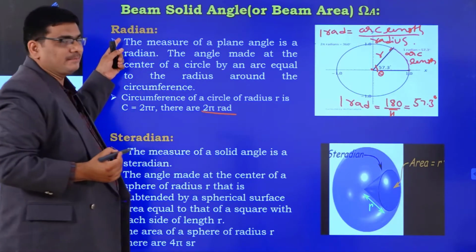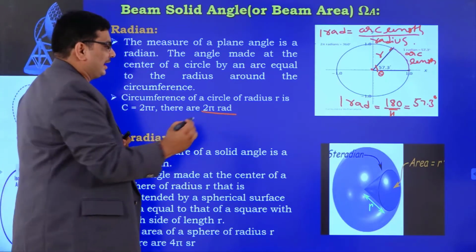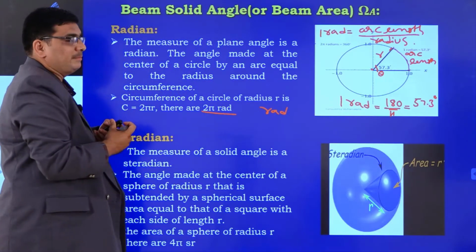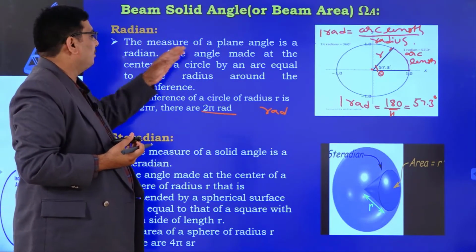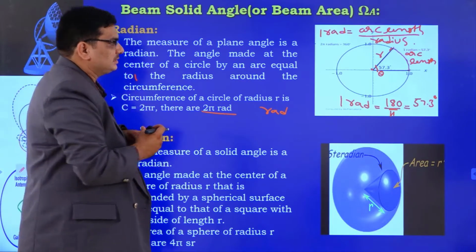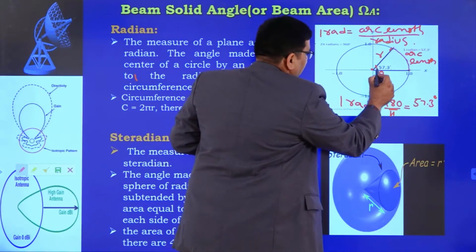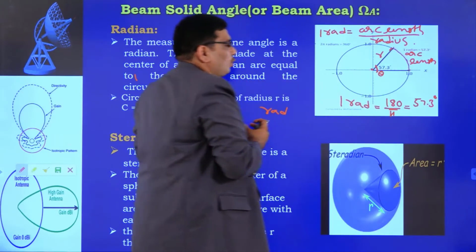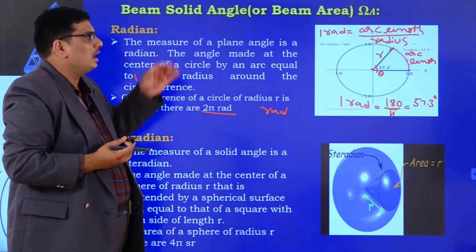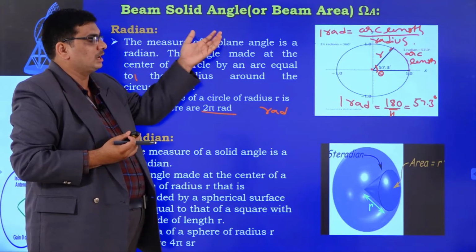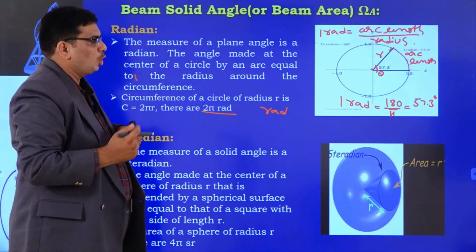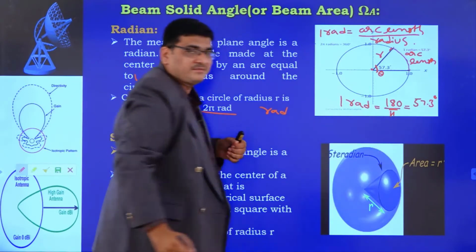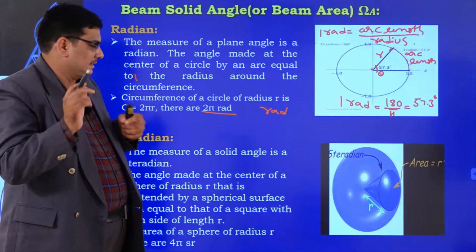We measure radians in terms of rad. So, the measurement of a plane angle is by radian, and from the center we measure this angle with the arc length on a circle. 1 rad is equal to 180 by pi, that is equal to 57.3 degrees.